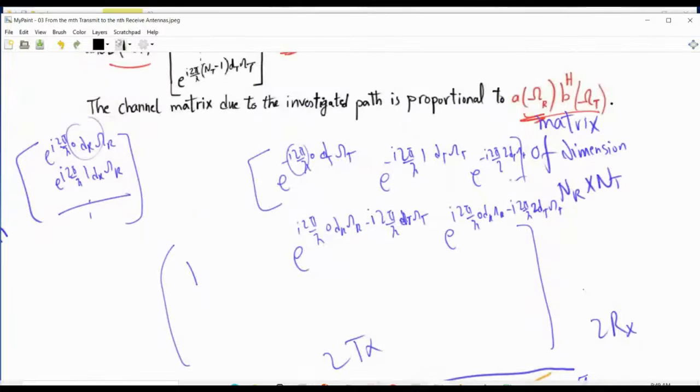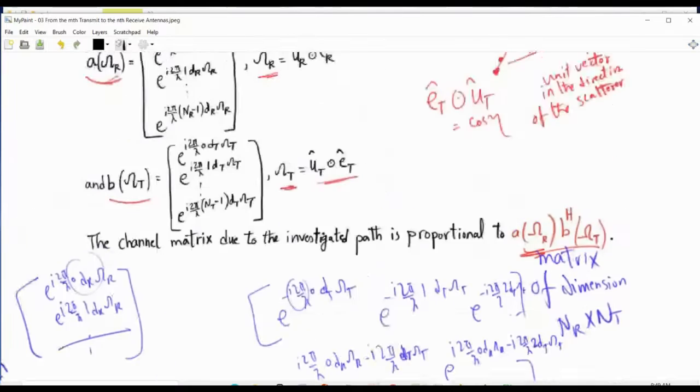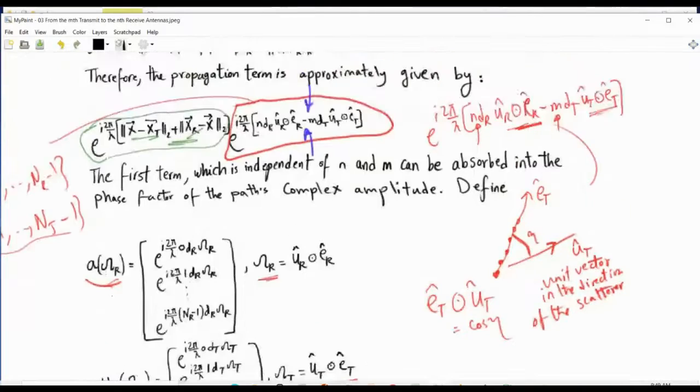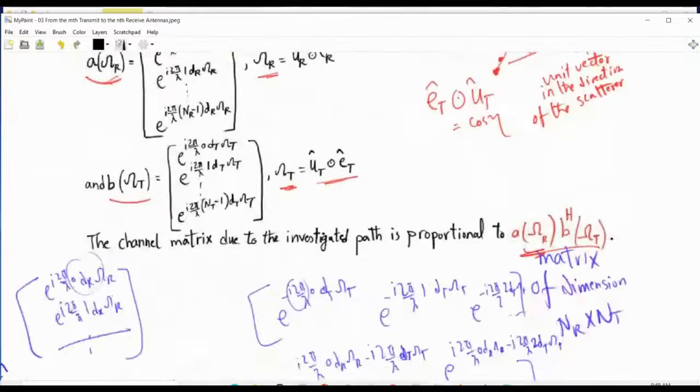So if you have an element N, M, it tells you about the channel between the nth receive antenna and the mth transmit antenna. Channel matrices will come later, and they will play an important role in analyzing things like MIMO systems, and also in OFDM. Matrices will also appear in OFDM, but for a different reason; it's not time to talk about it now. Okay, so any question?